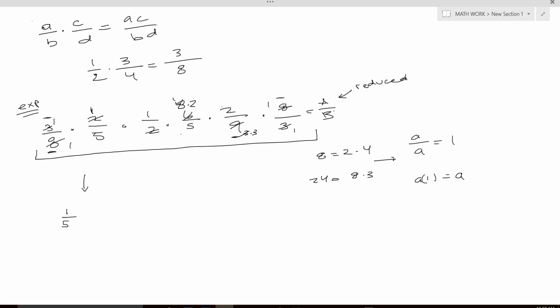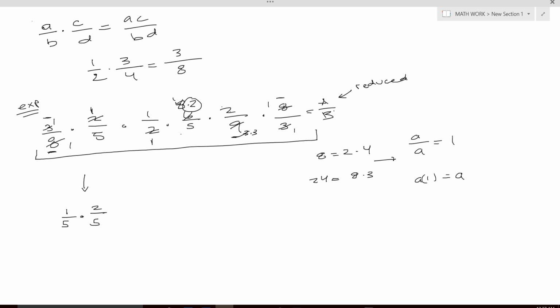1 over 5 times, what is this? We already reduced this somewhere along the lines, did we not? Here we go, 2 and 2. Yeah. So 1 over 5. So we have 1 over 1, we don't need to rewrite that. We have 2 over 5 here, so that's 2.